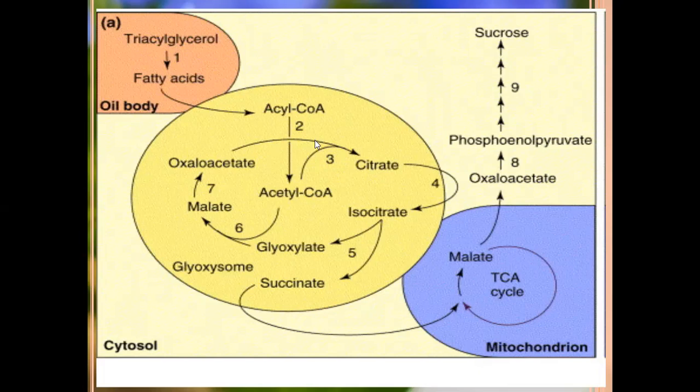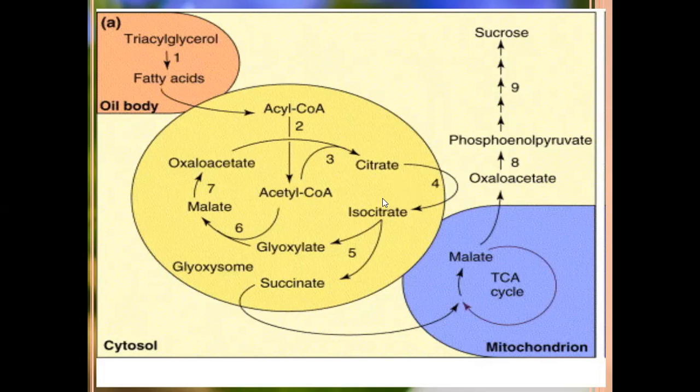Then the 6 carbon atoms of citrate convert into 6 carbon atoms of isocitrate in the presence of the aconitase enzyme.